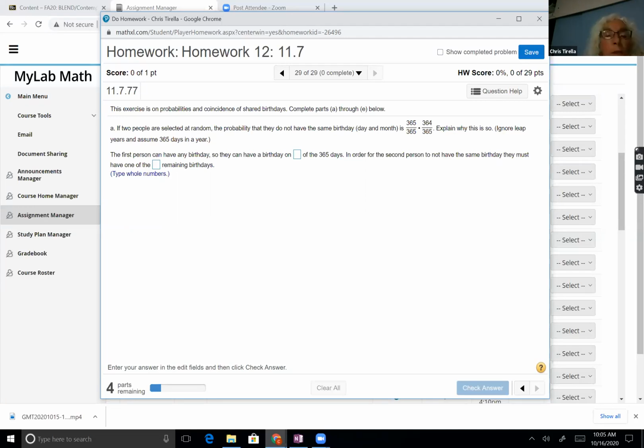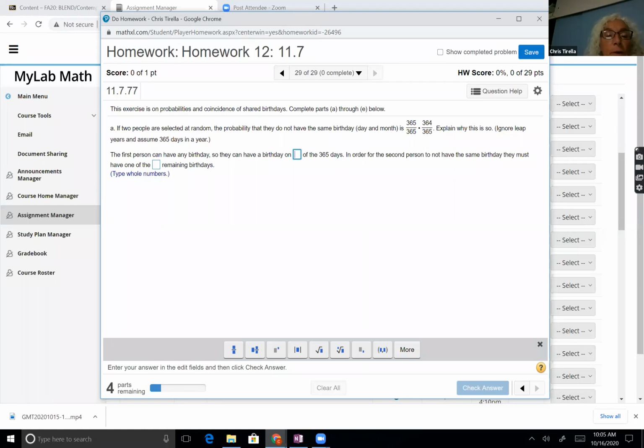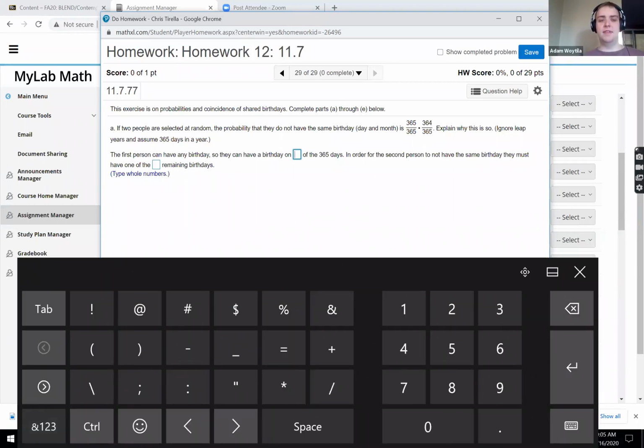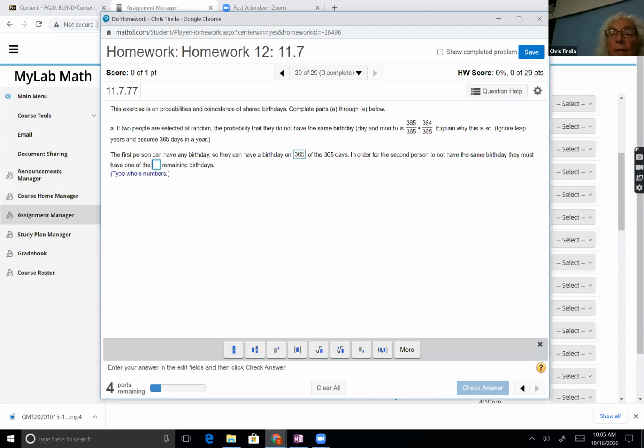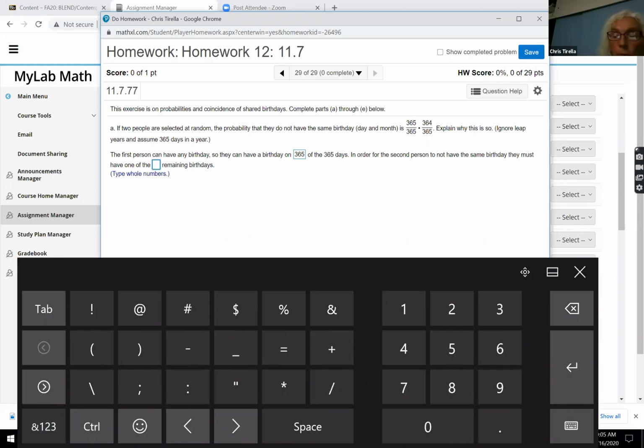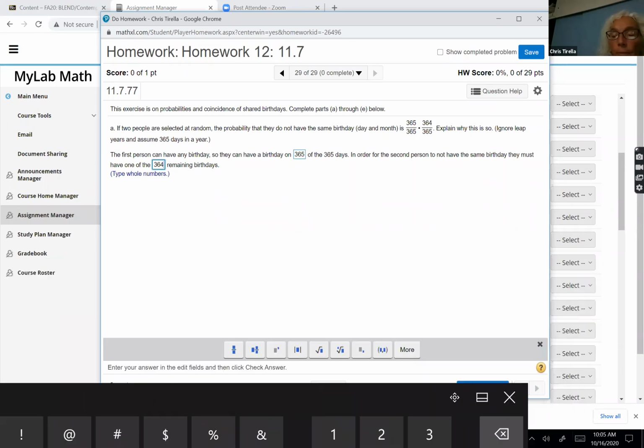Ignore leap years and assume 365 days in a year. This person can have any birthday, so they can have their birthday on any of the 365 days. In order for the second to not have it, it can be on one of the remaining 364. Everybody all right with that?